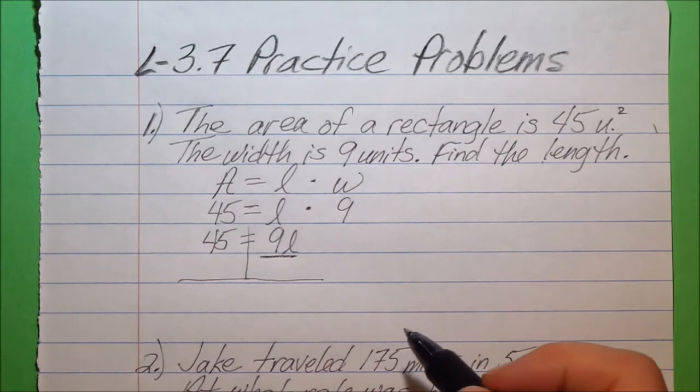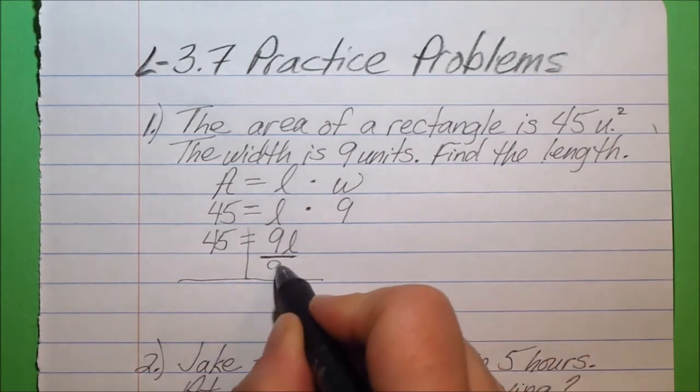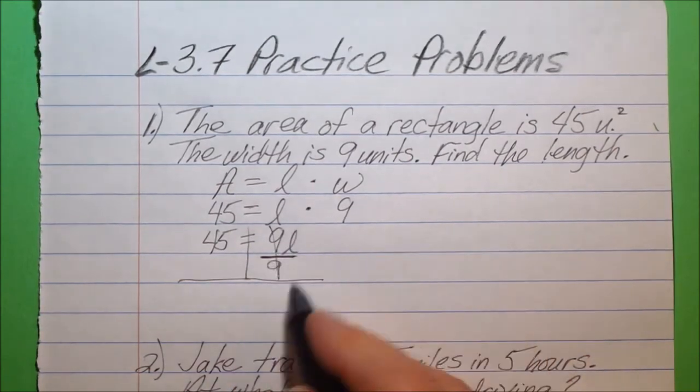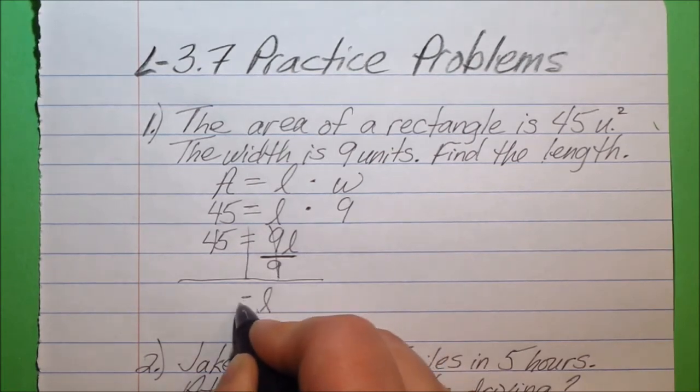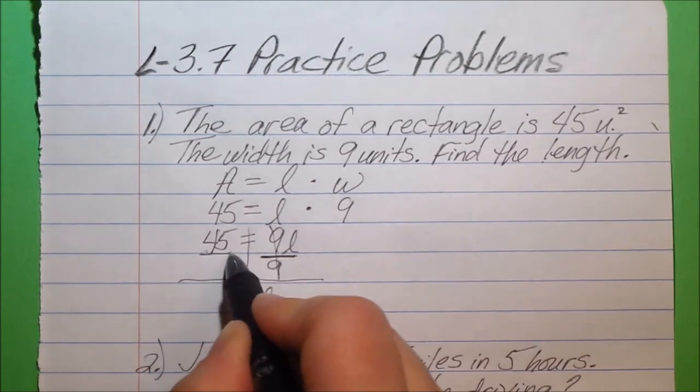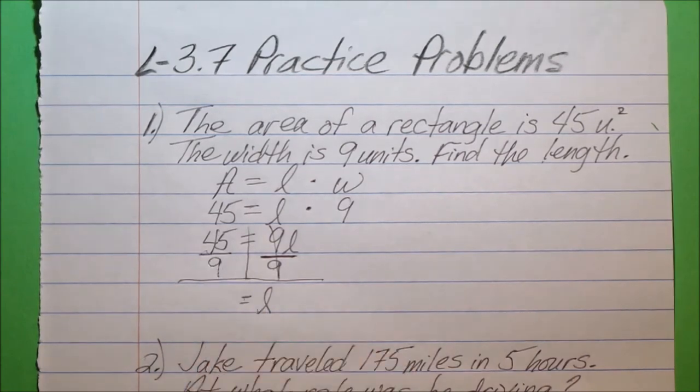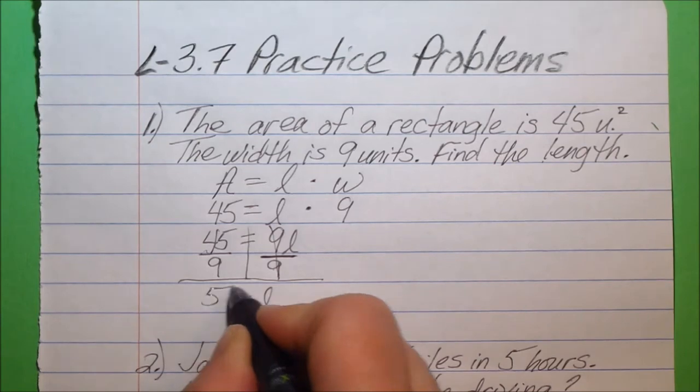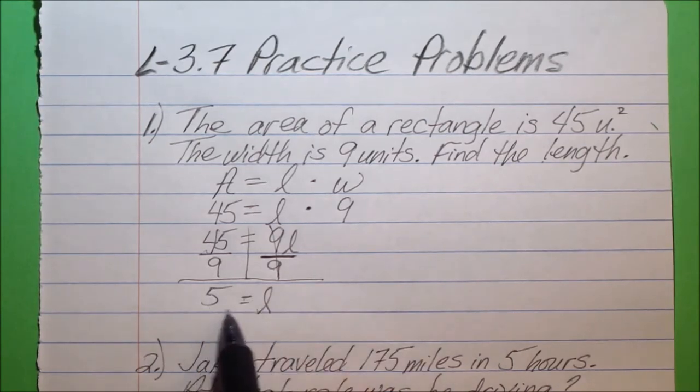That's my inverse operation to multiplication by 9. That cancels those out, and now I have L all by itself. But what I do to one side, I have to do to the other, so I'm going to divide by 9 over here as well. 45 divided by 9 is 5. So the length is 5 units.